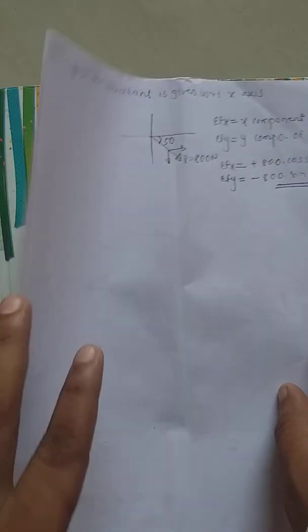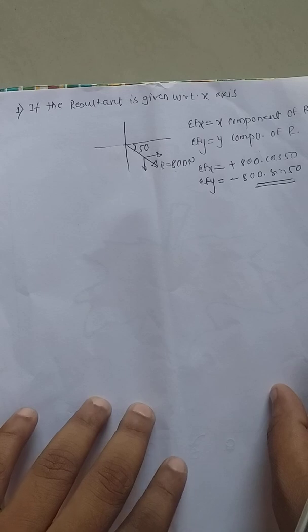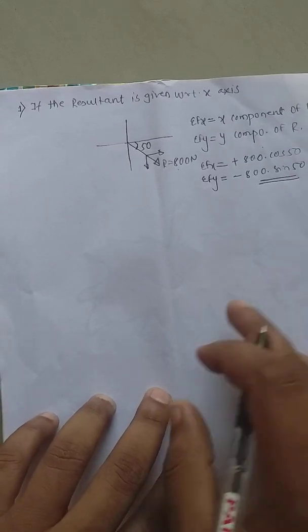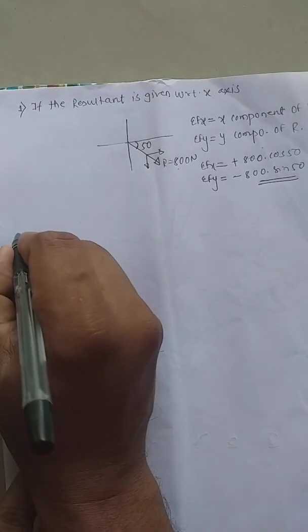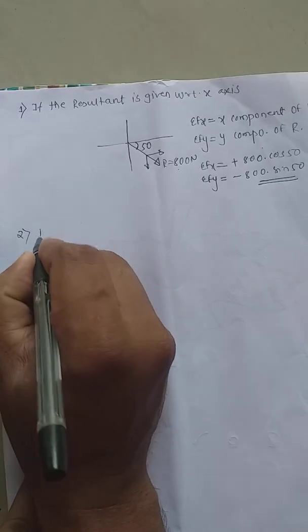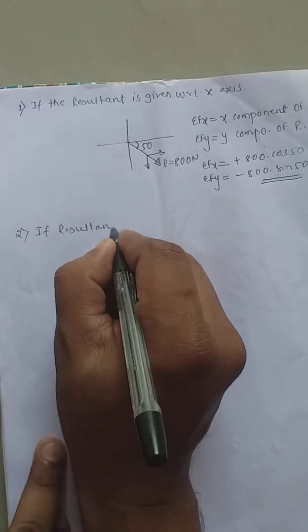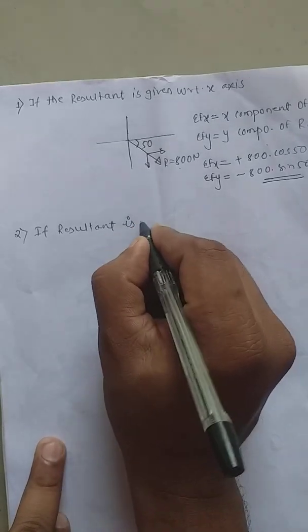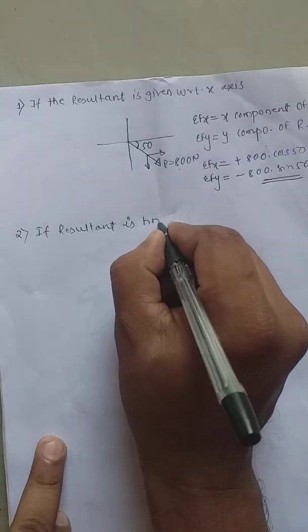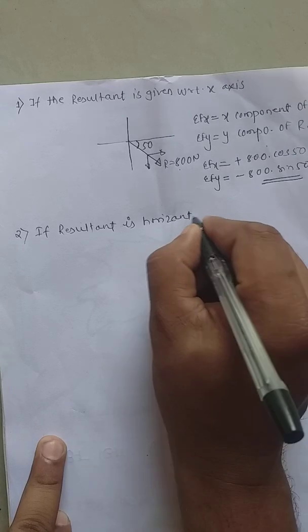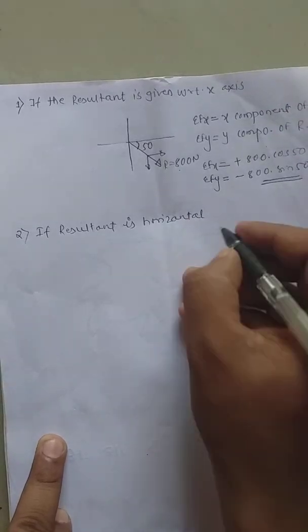If the resultant is given with respect to x axis, means theta is given with respect to x axis. Okay, condition number 2 will be if the resultant is horizontal.